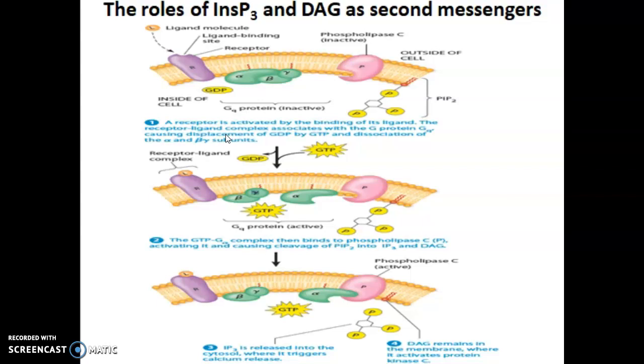The GTP-G alpha complex then binds to phospholipase C, activating it and causing cleavage of PIP2 into one molecule each of InsP3 and DAG. InsP3 is released into the cytosol where it triggers the release of calcium. DAG remains in the membrane where it activates protein kinase C.